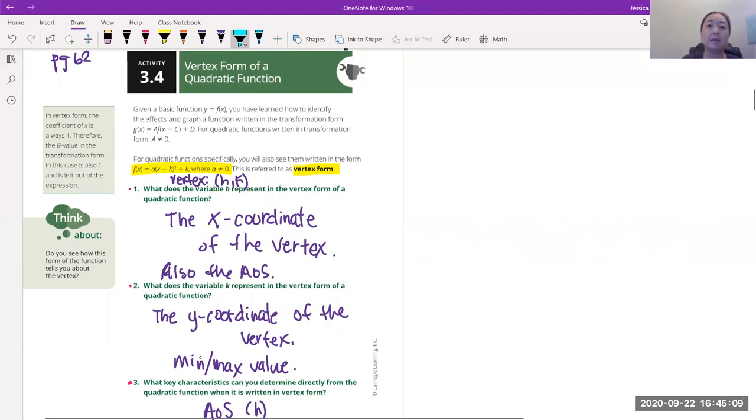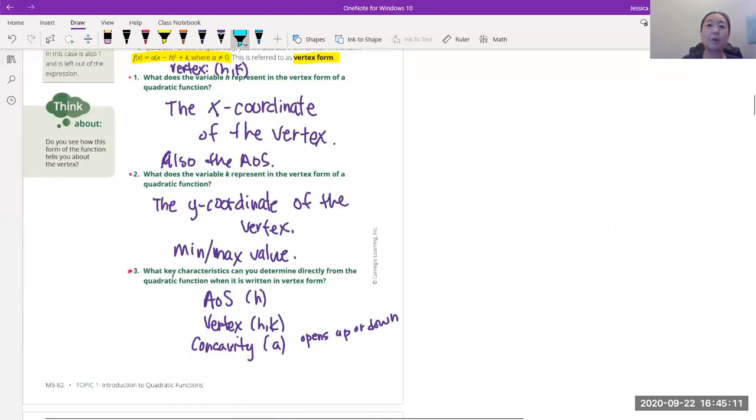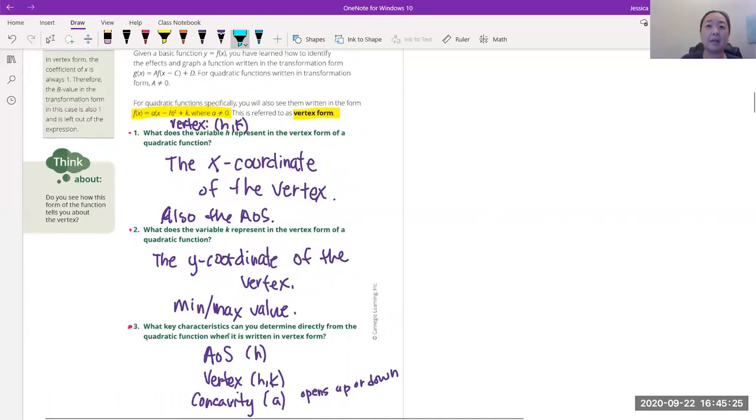Okay. And let's see here. What key characteristics can you determine directly from the quadratic function when it's written? So there's no calculations needed, just by looking at it. What can you see? Well, you can see the h represents the AOS, right? That is the AOS, because remember, that's the x part. So that tells you where that AOS is.